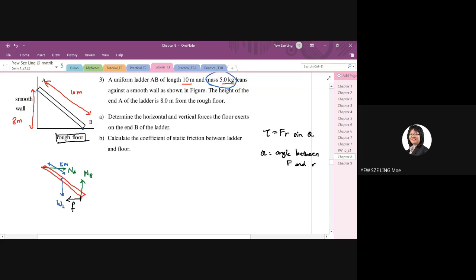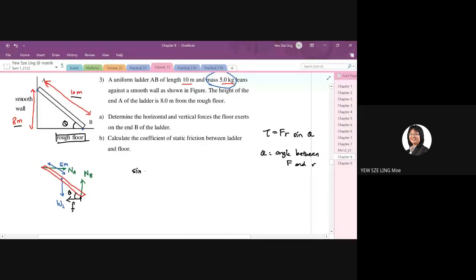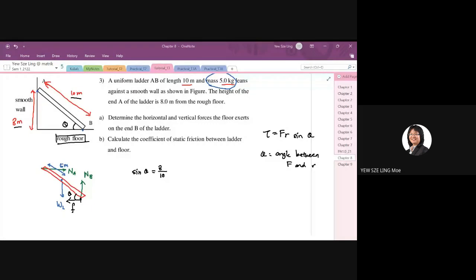It's very simple. Let's go back to the original diagram given in the question. So now we have 10 meter, we have 8 meter, so we can determine the angle at position B by using trigonometric functions. We are given the opposite and hypotenuse, which means we can use sine. Okay, we can use sine to determine the value of theta here. So sine theta equals 8 over 10.